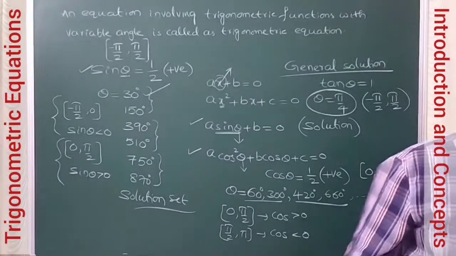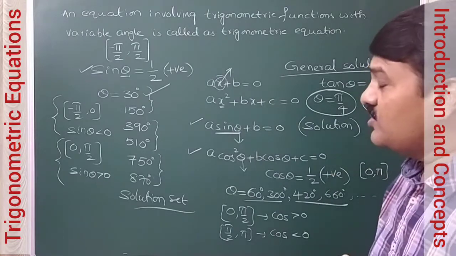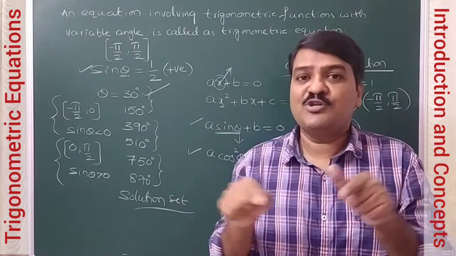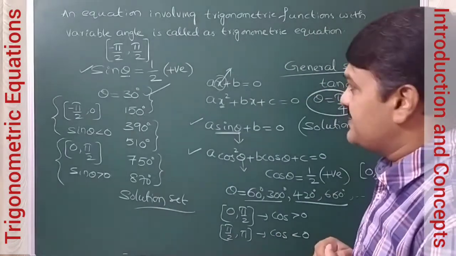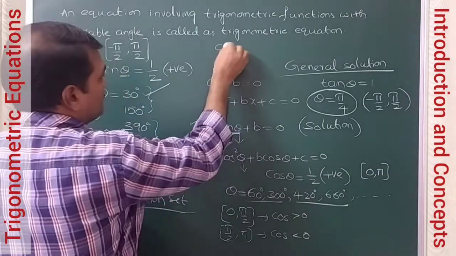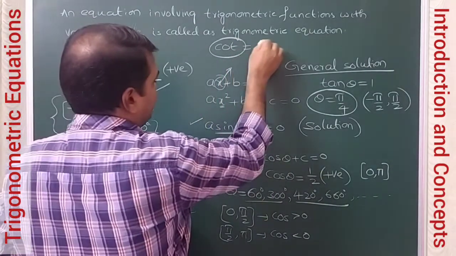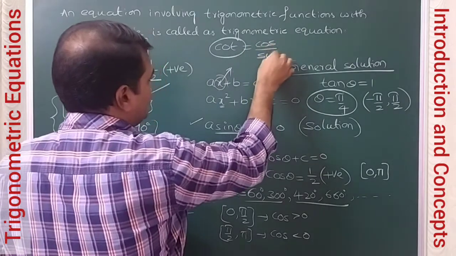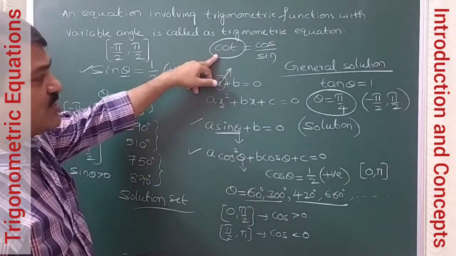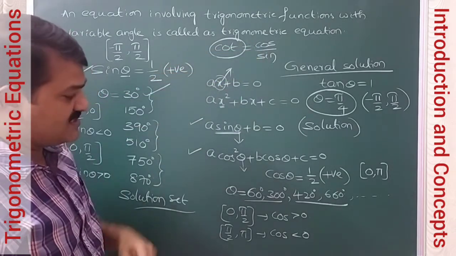So like that, for reciprocal functions of sine, cos and tan also, we can define the principal solution intervals. For example, if we take the cot function, cot can be written as cos by sine, you know very well. Just to remember, the cot function principal solution interval will be same as the numerator function, that means cos.